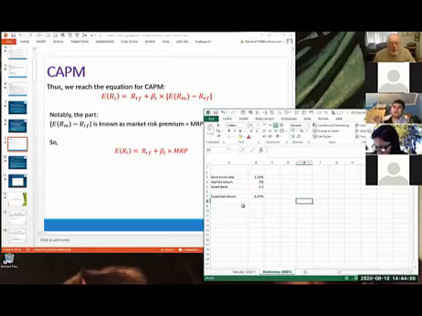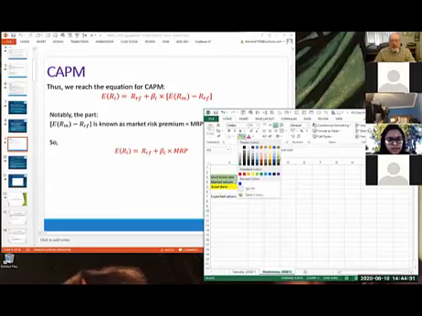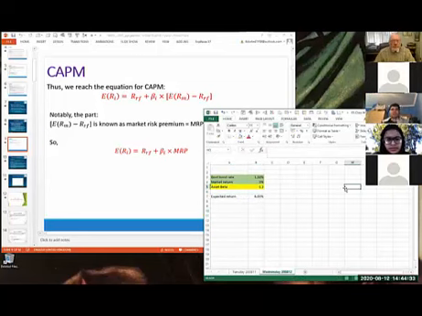Okay, what are we saying there? If we know the riskiness of a particular asset and we know some characteristics of the financial market that we're operating in, then we're able to calculate the expected return.